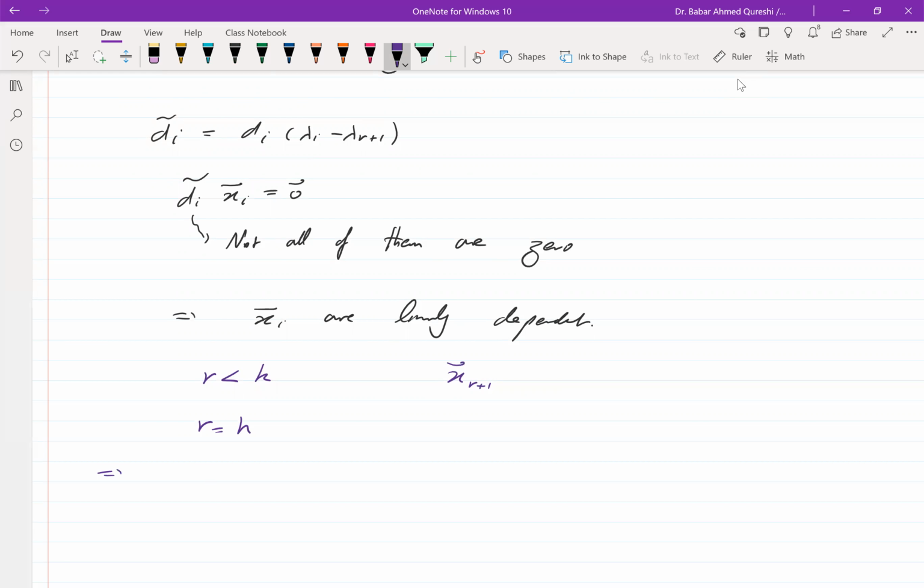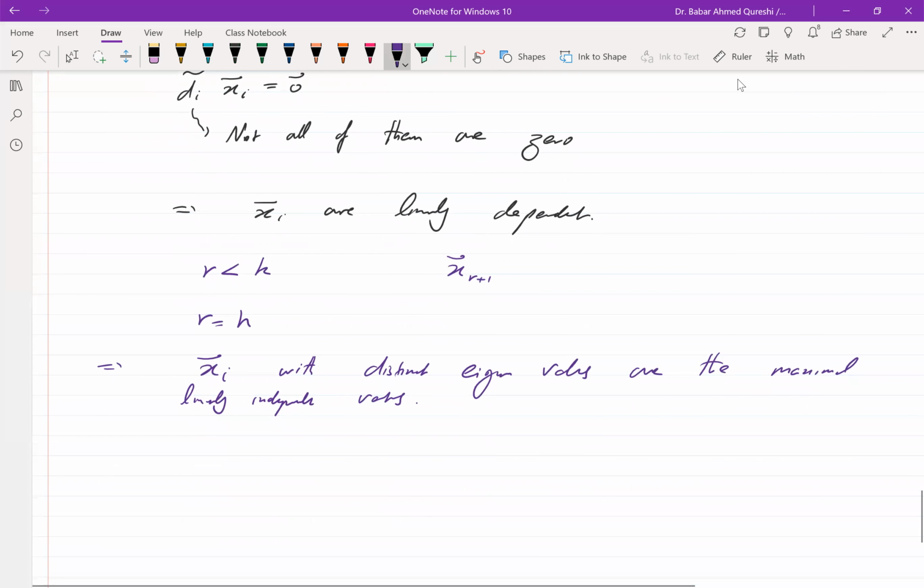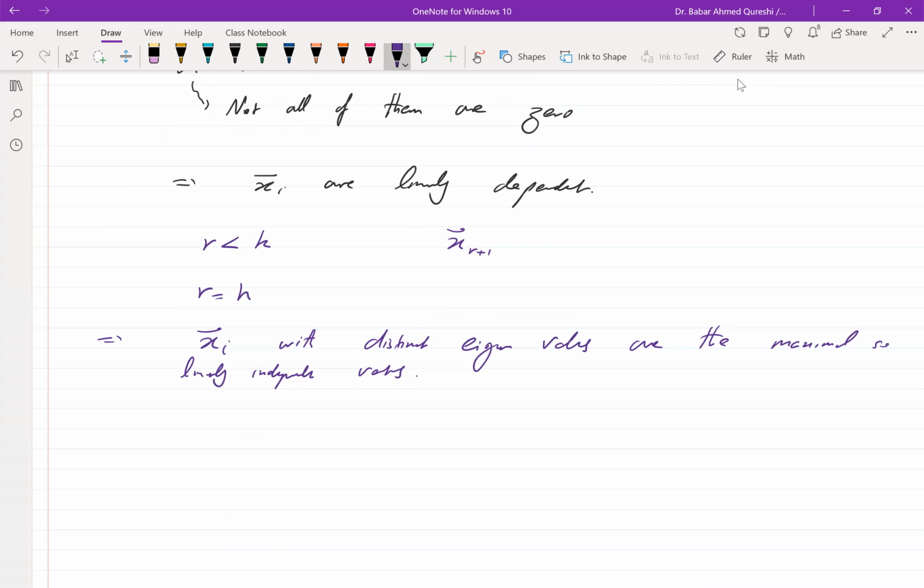So this implies that all of these xi with distinct eigenvalues are the maximal linearly independent vectors, the maximal set.